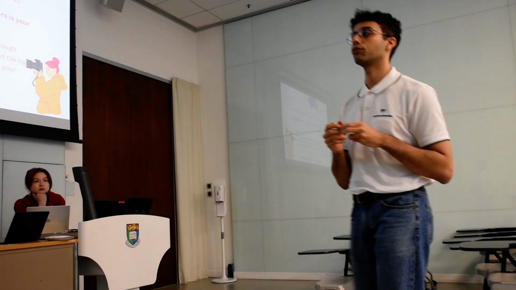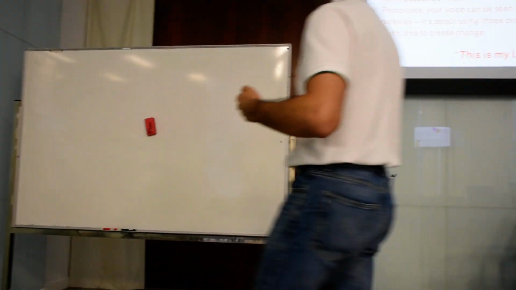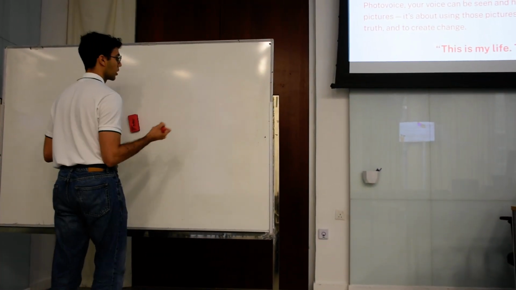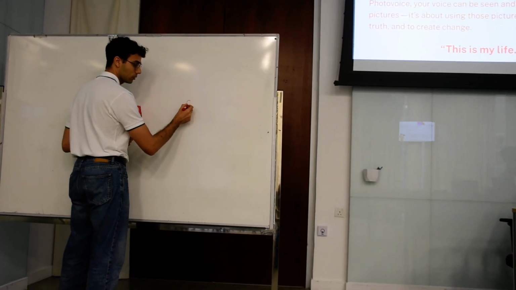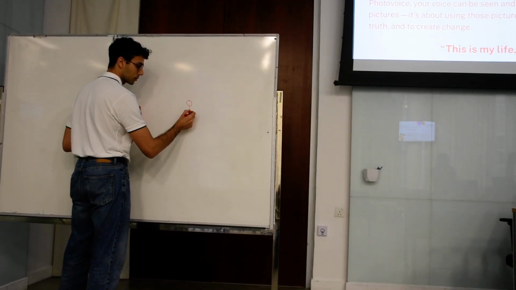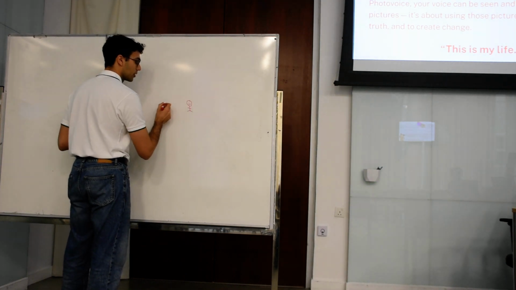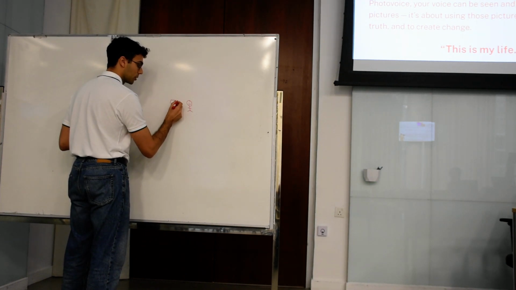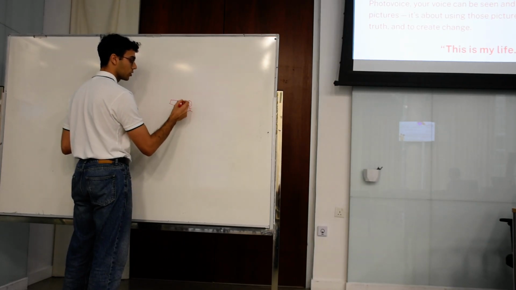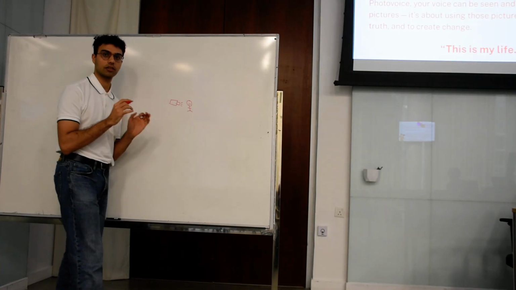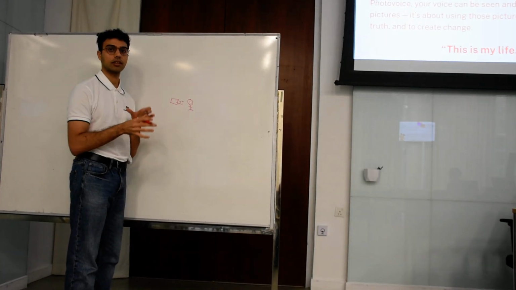But let's say you have a subject here, and you are taking a picture of him here. So this is your camera. Let's say there is no sun, it's just electric lighting.